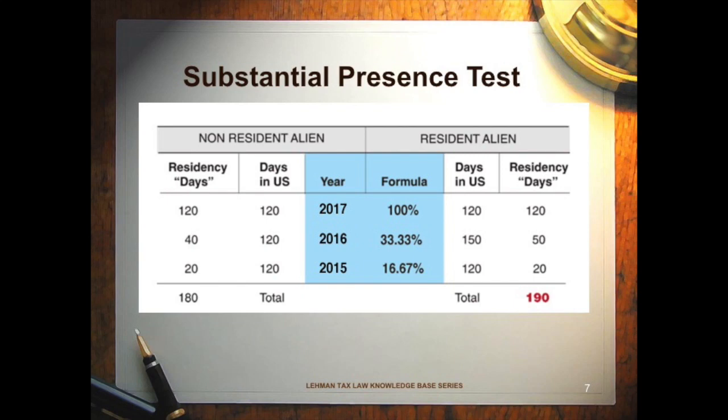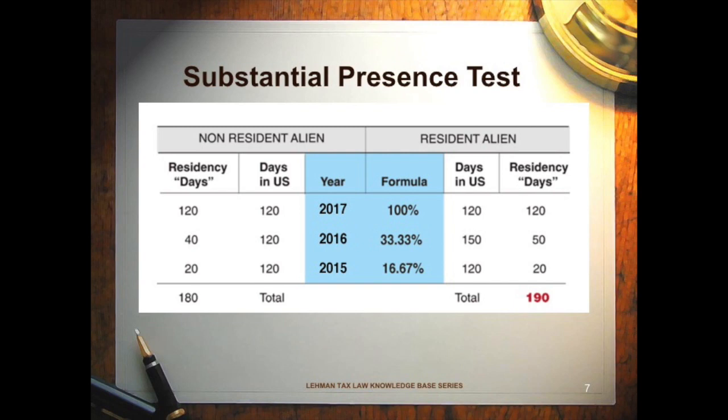That's counted towards their residency days. In 2016, they're here for 150 days. 1/3 of each day is counted towards their residency days. And in the year 2015, they're here 120 days, and 1/6 is counted towards residency.